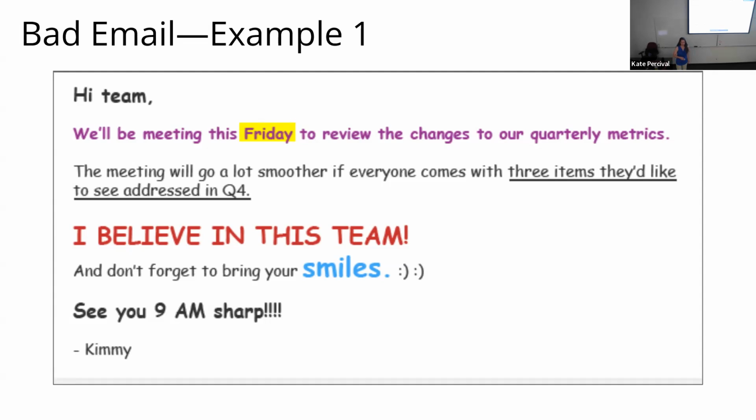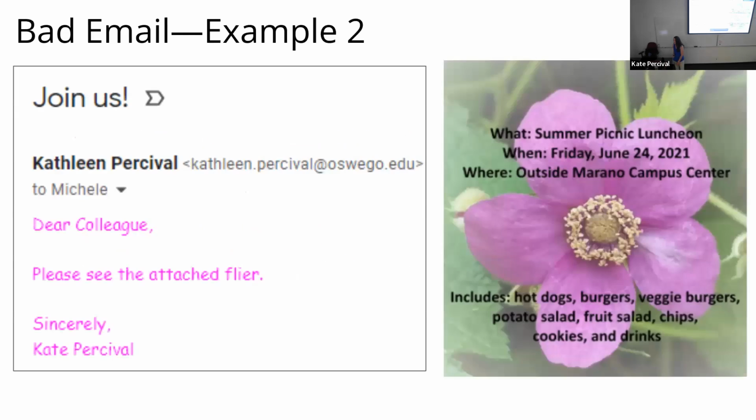Anyone care to guess what's wrong with this email? The use of color. There's like 4 different colors in here, plus the highlight. All of those are like not big font, let's say. So there are much better ways to present this message.